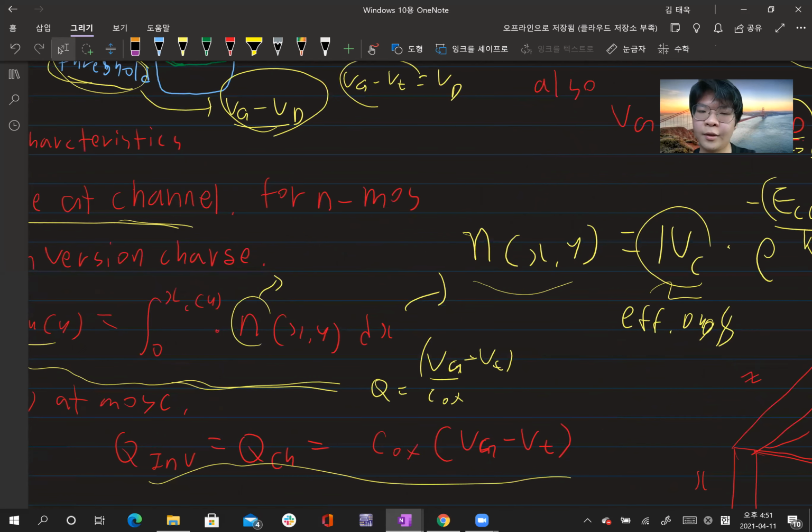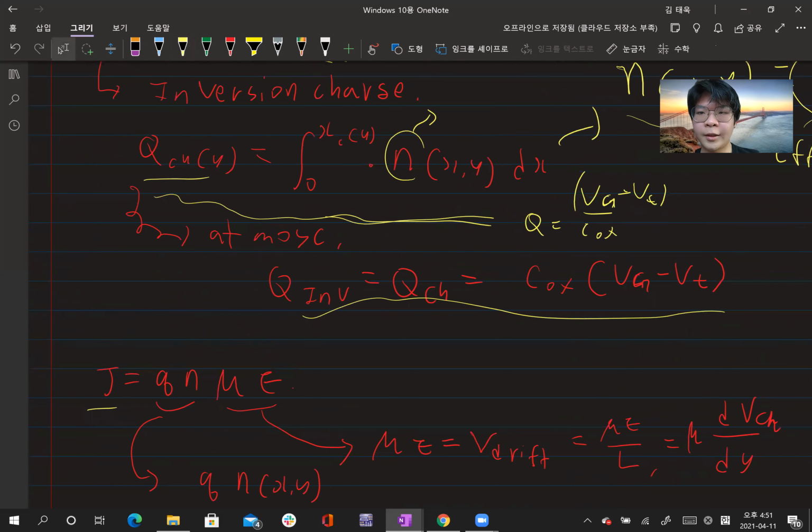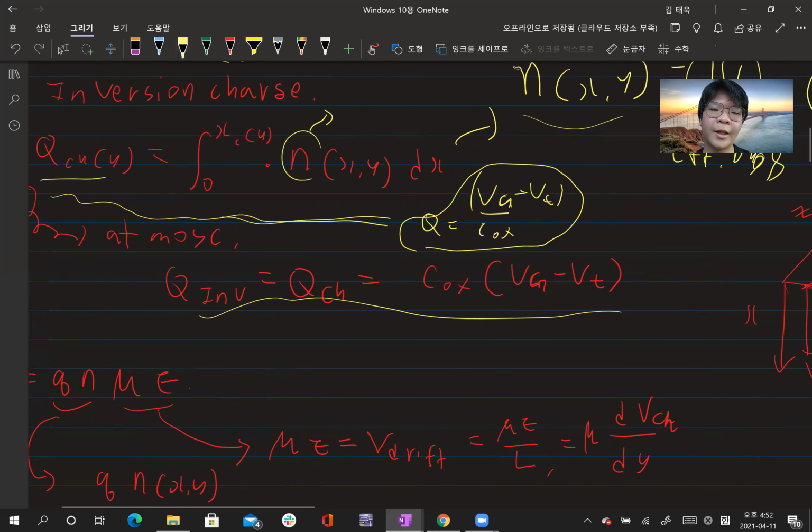However, we can define it more easily by using the characteristics of a capacitor. We can say that the channel charge equals the inversion charge, which can be defined as the oxide capacitance times the difference between the gate bias and the threshold voltage.